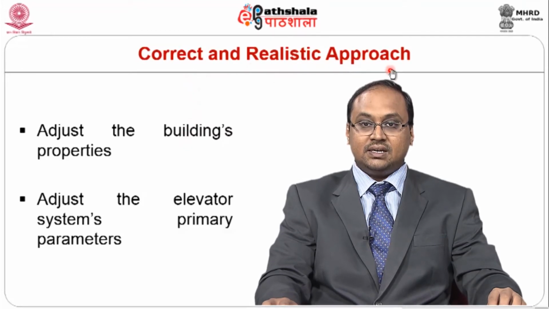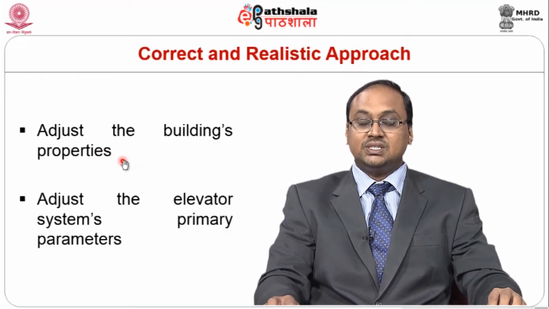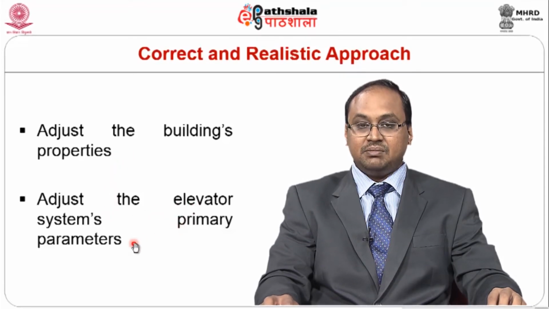The correct and realistic approach is to adjust the building's properties. Once we know the usages, we need to handle the design appropriately. Adjust the elevator system's primary parameters, which we have already seen.